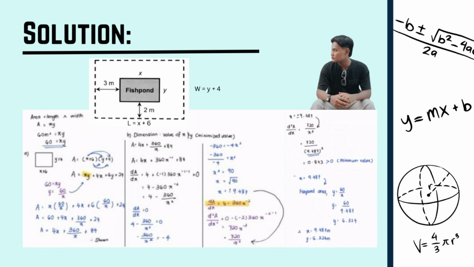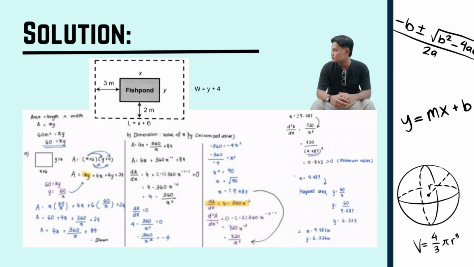So the second derivative, if we get 0.843, is more than 0. So it is the minimum value. So the minimum value for x is 9.487.